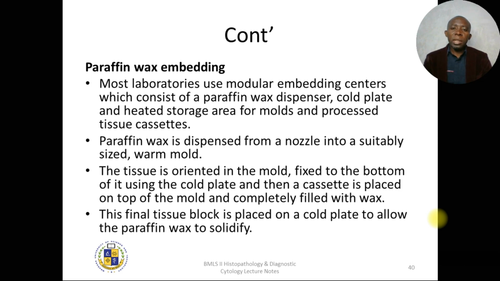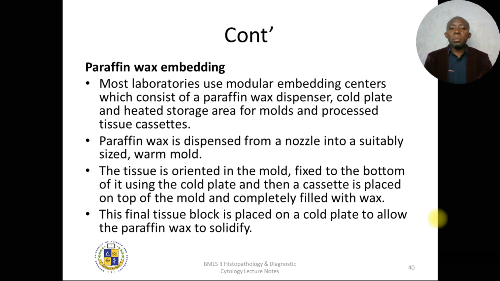So the tissue is oriented in the mold and fixed to the bottom of it using the cold plate. Remember I mentioned the cold plate. Once we insert our tissue there, we put it on the cold plate so that how we have aligned and placed it can get stuck on the mold.